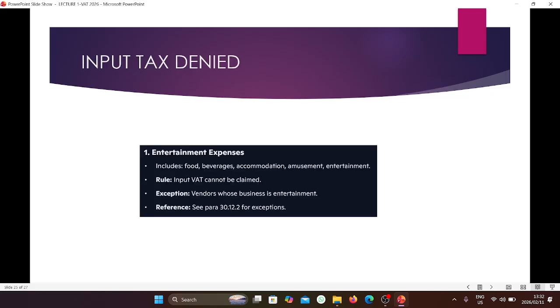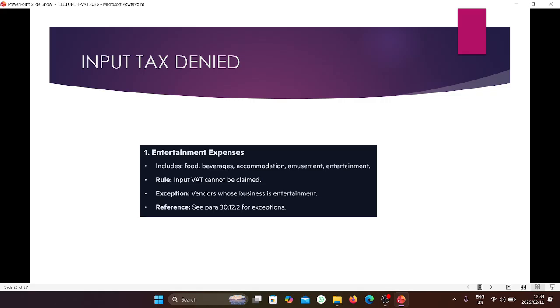And then input tax denied. There are certain things that SARS just says, here you cannot claim input VAT. It's entertainment expenses, if a car is a motor car as defined, and subscriptions, right? So entertainment expenses, if there's food, beverages, accommodation, amusement, entertainment, the rule is that input VAT cannot be claimed back. The exception is if that vendor is in the business of entertainment, right?